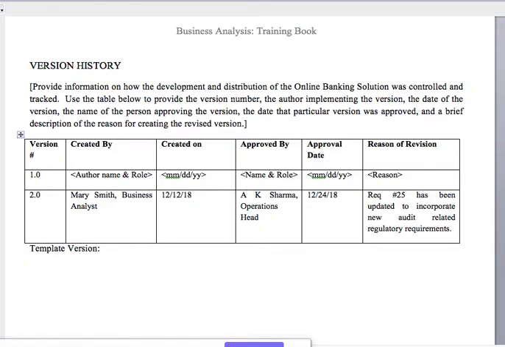It provides information about the maturity of the document, how often it has undergone changes, where and why the changes were made, when it was changed, who made the changes, who approved it, and exactly what has changed. So this page gives you a record of the history of the document.